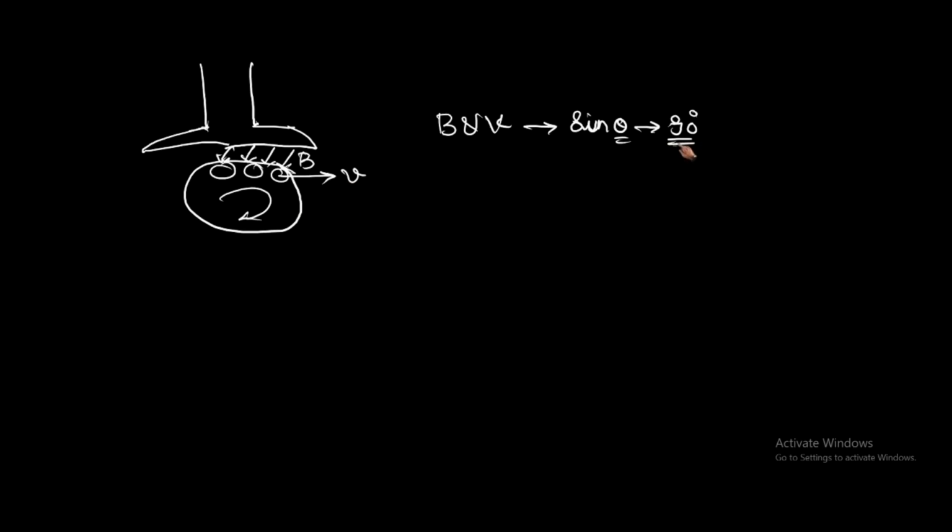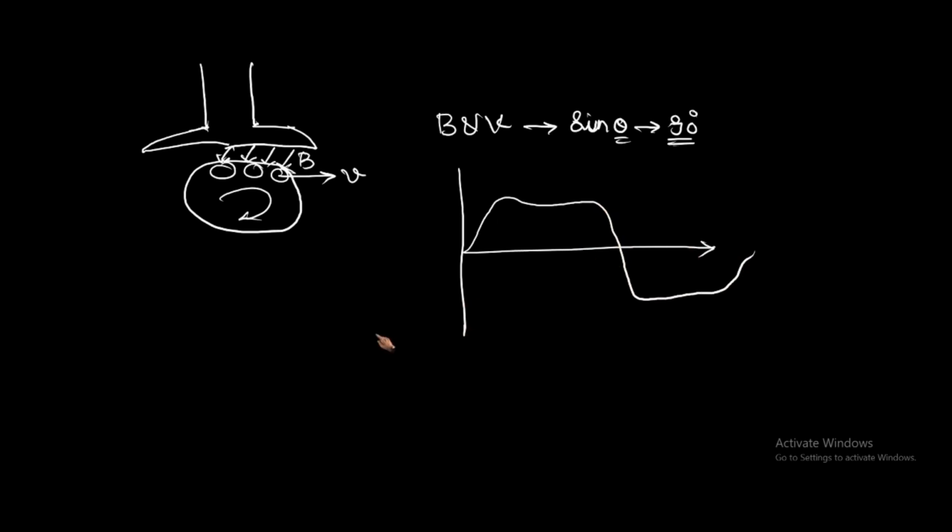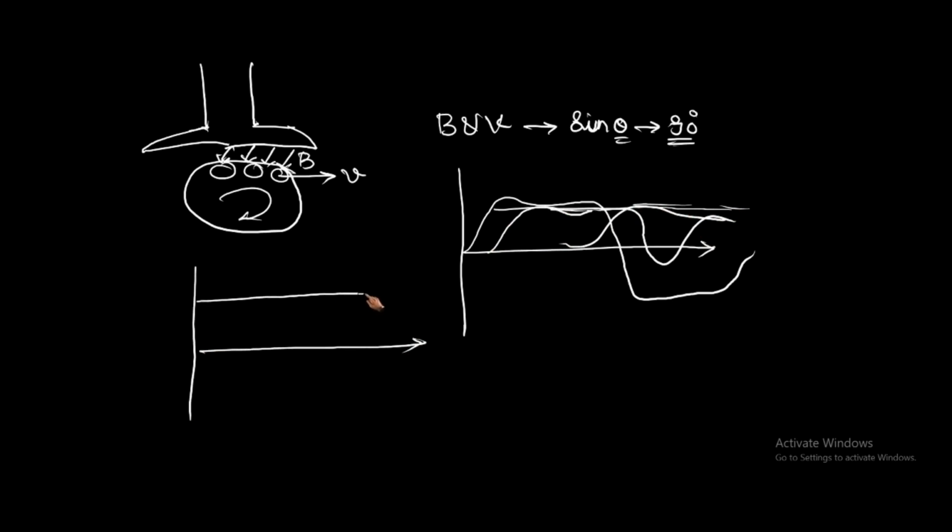So we make theta 90 degrees, so that the flux wave will be like this. A single wave looks like this, and with many conductors you are going to get it like this. Depending upon the angle, in the case of dynamically induced EMF, whenever you make the theta angle 90 degrees, you get a pure DC waveform by using the pole core.